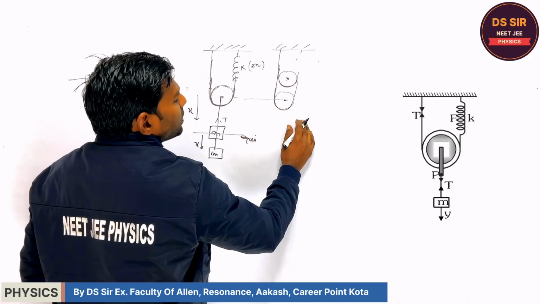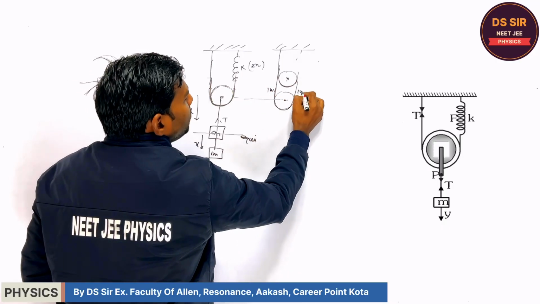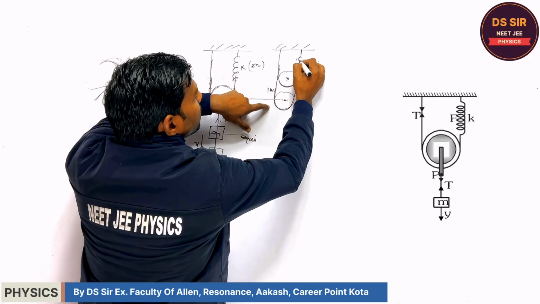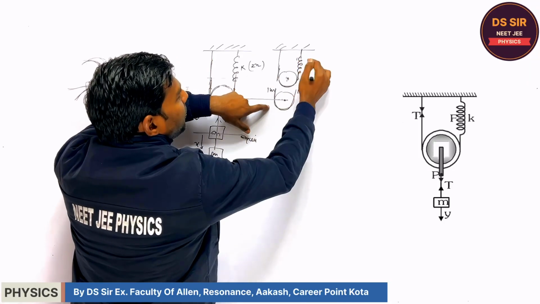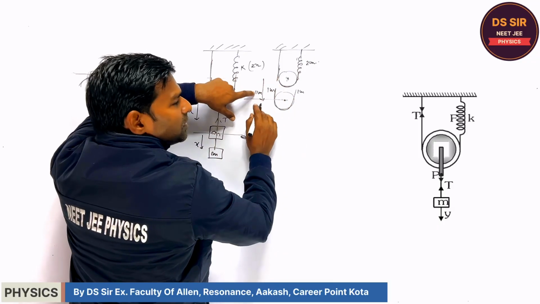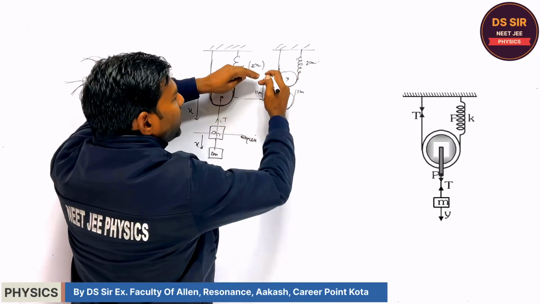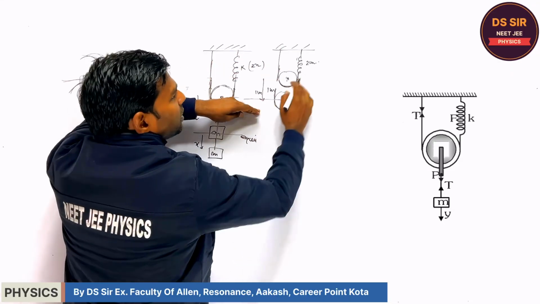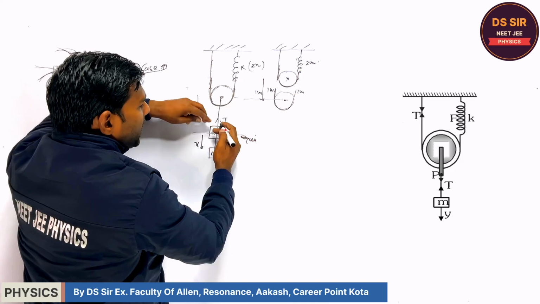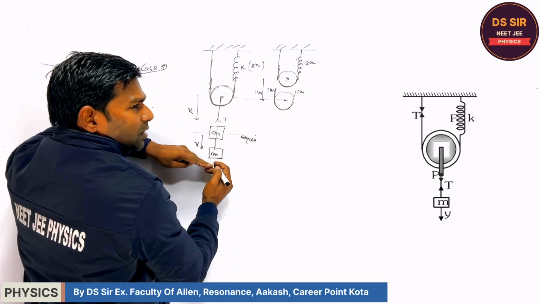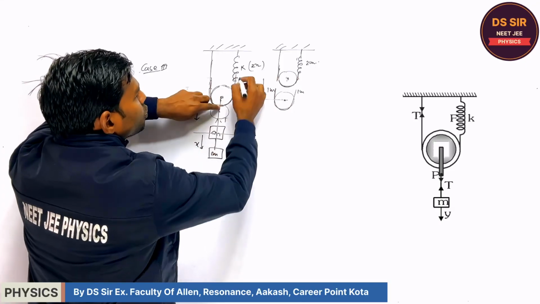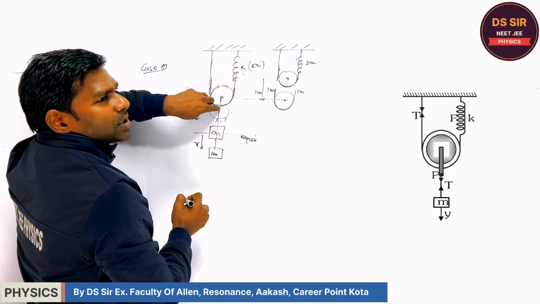If it moves 1 meter up, the spring is compressed by 2 meter. Therefore, if it comes down by 1 meter, the elongation is 2 meter. If it comes down by x meter, the elongation in this spring is 2x meter. So if this mass comes down by x meter, this pulley also comes down by x meter, so the elongation in this spring will be 2x meter.